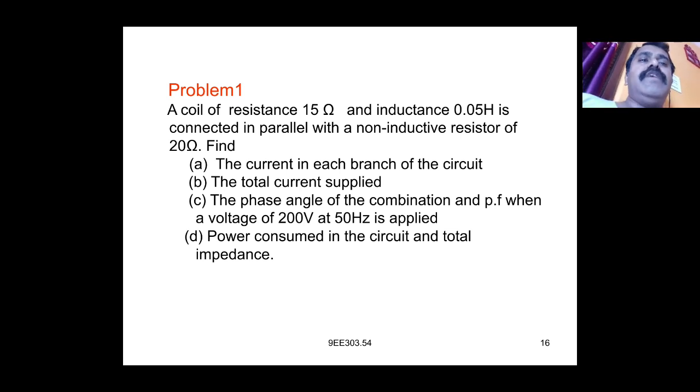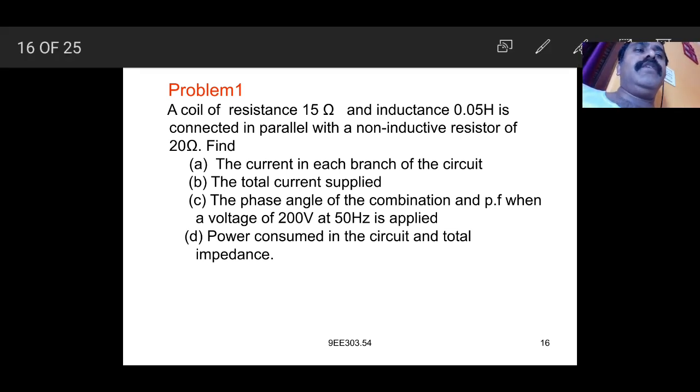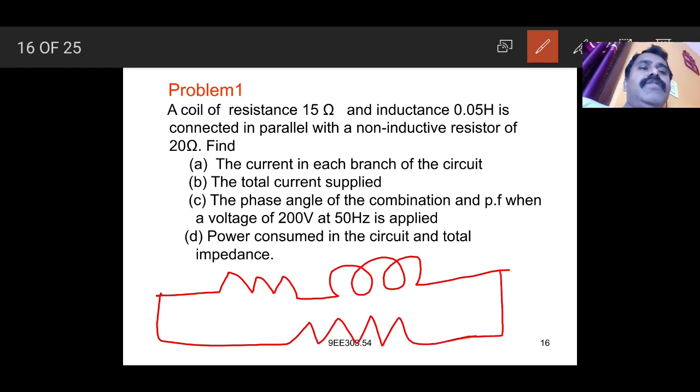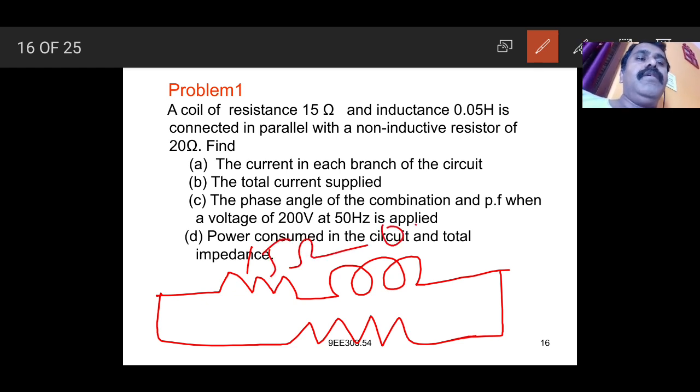So here the resistance and the inductance are connected in parallel with a non-inductive resistance of 20 ohms. That is, first the resistance and the inductance are connected in series, and this is connected with the non-inductive resistance. So this is the circuit given: here 15 ohms, here 0.05 henries, here 20 ohms connected.